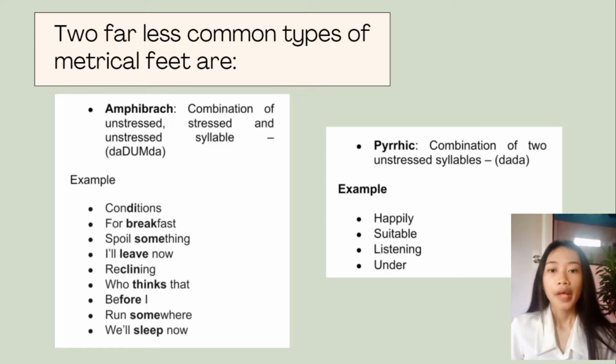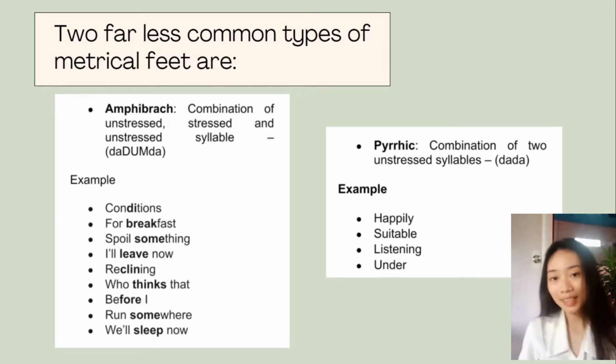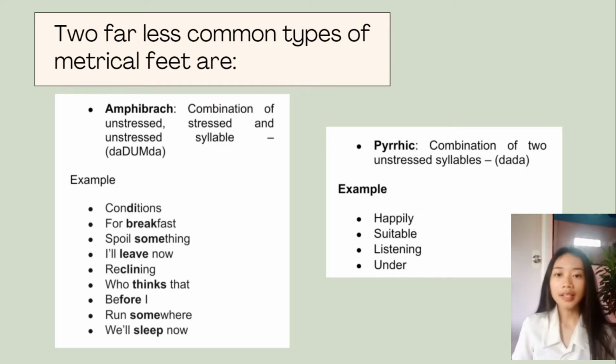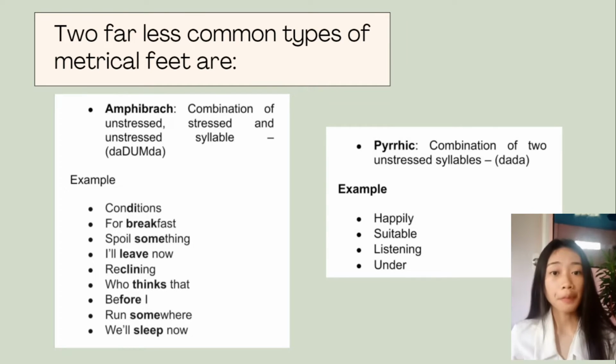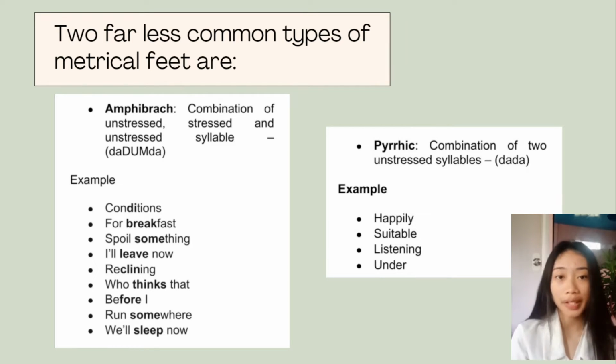Amphibrachs are always made up of three syllables, like anapests and dactyls are. It occurs when the poet places an accented or stressed syllable between two unstressed or unaccented syllables. Amphibrachs were often used in Latin and Greek poetic writing.